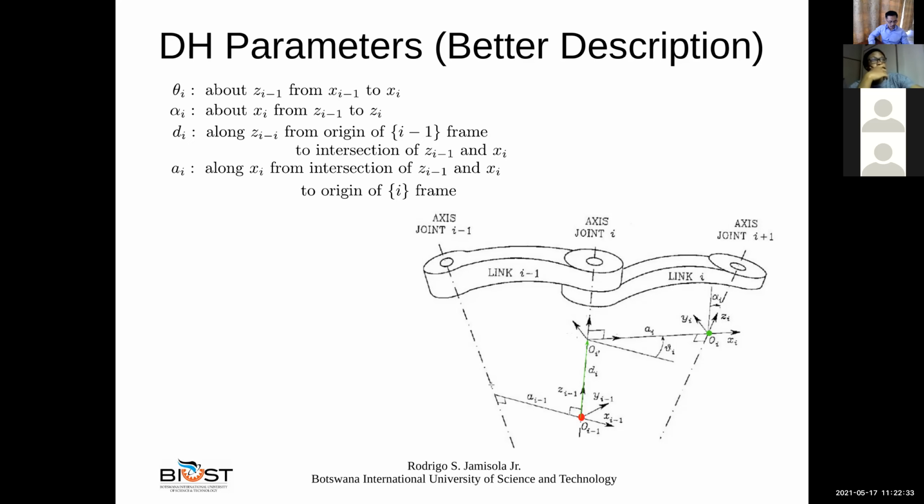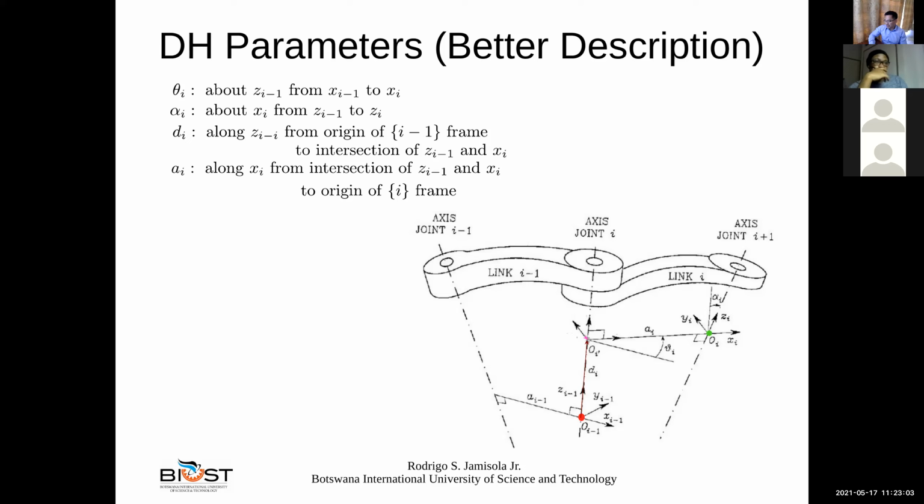Let's use a different color. We move by a distance d from this origin. From here we translate the whole frame to this point.